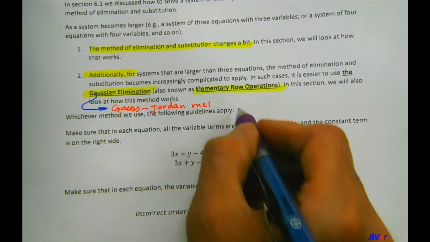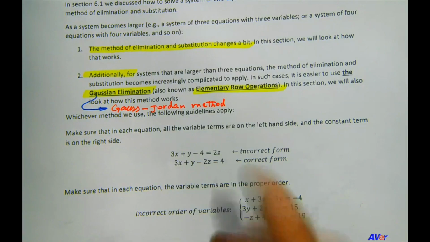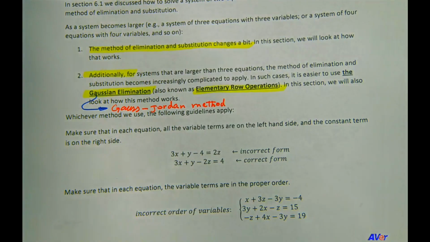It's important for me to make sure that you are familiar with these 3 names, because different authors might talk about them with different names, and you should be able to recognize the method as the same method, but with these 3 different names.